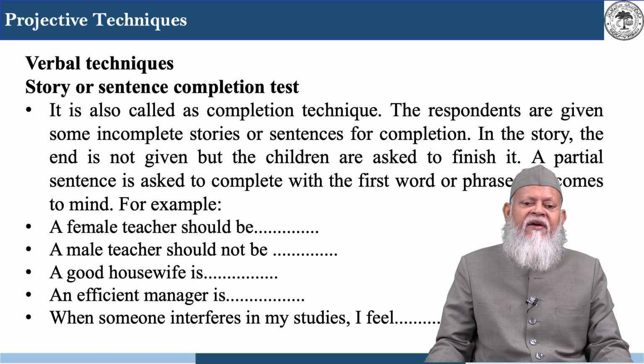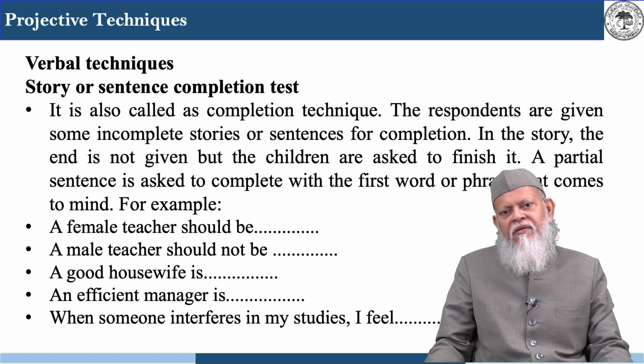A good housewife is, then there can be many things to be completed, many attributes that can be assigned to a good housewife. These will be different for different respondents.